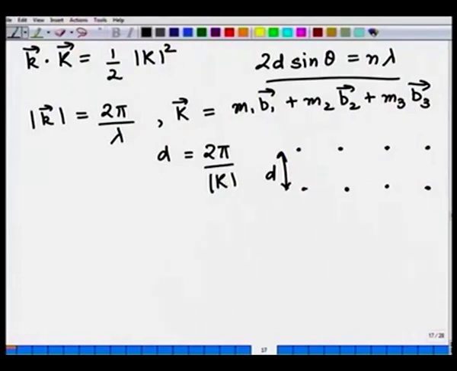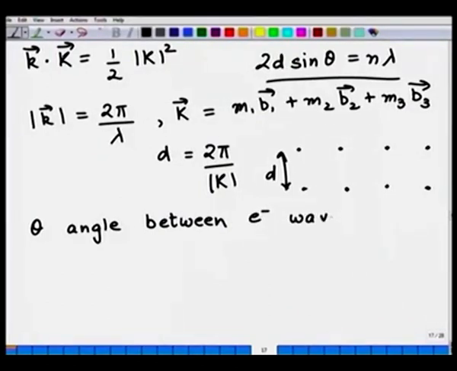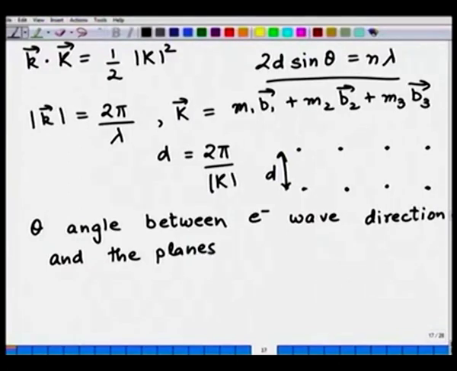Now if I write k dot K, then we say theta is the angle between the wave direction and the planes, and the K vector is normal to these planes.